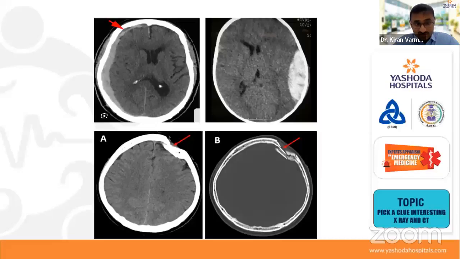When do you call it significant depressed skull fracture? CSF leak, to a certain extent, but that is not the best answer. Edema, no. Or we can see a bony depression. Bony depression, yes. That itself is a depressed skull fracture, right? Bleeding, no.